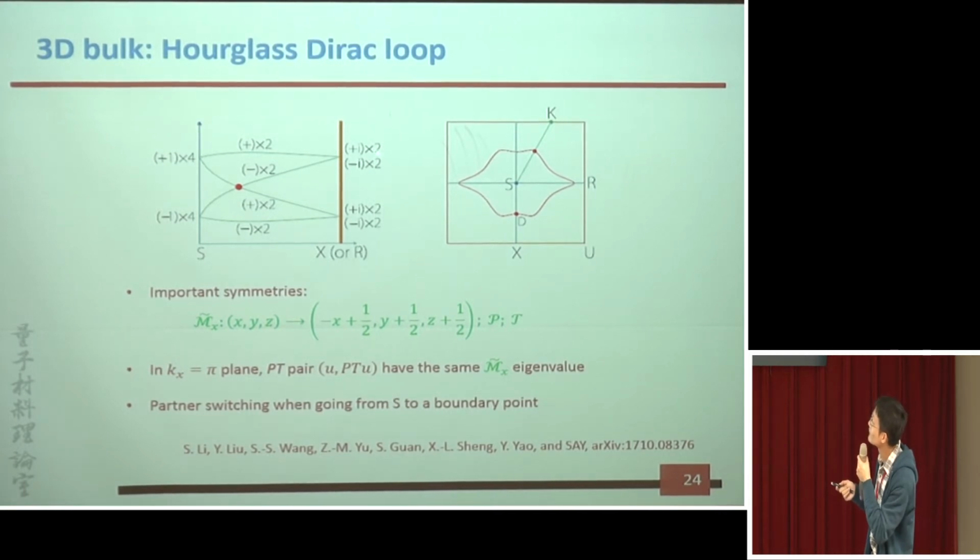If you go to here, they must be grouped into two positive, two negative. So in between, there must be a crossing. This partner switching is the key reason why you must have a Dirac point in between. And since every path has a Dirac point, this will trace out a closed Dirac loop on this plane.